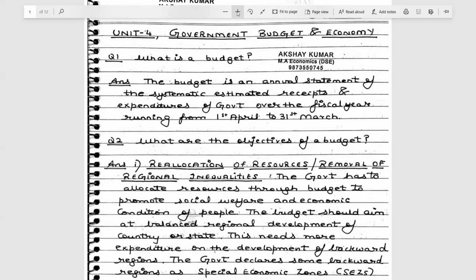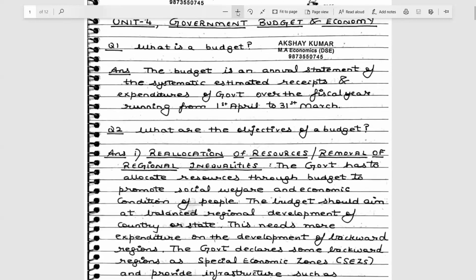But usually, in the normal course, the financial or fiscal year runs from 1st April to 31st March. So over the entire fiscal year, the government calculates the estimated receipts it is going to receive and how much expenditure it plans to do. That is captured by the budget.